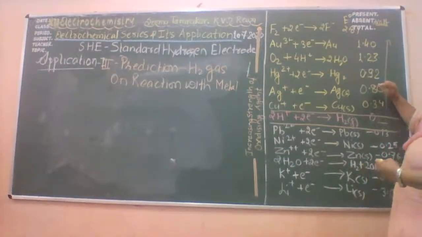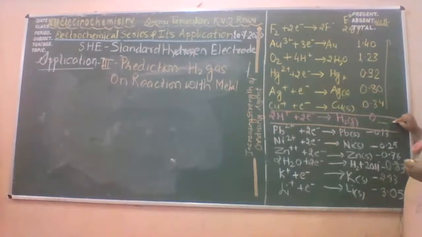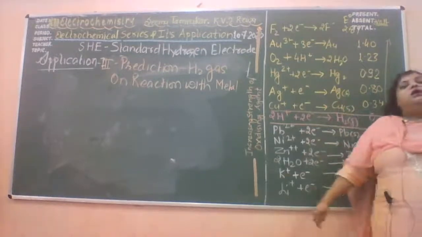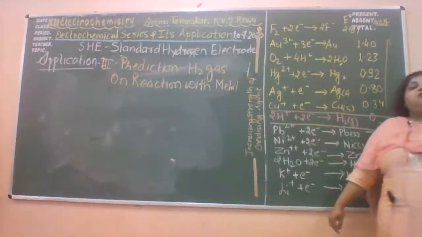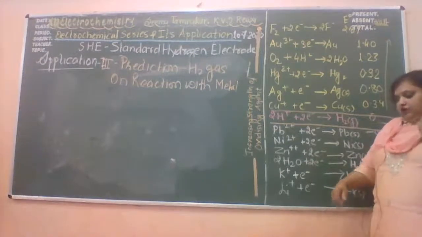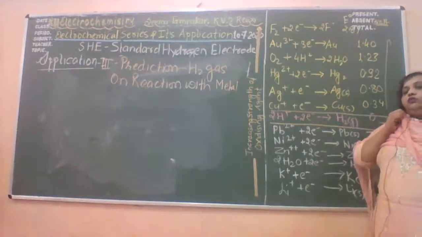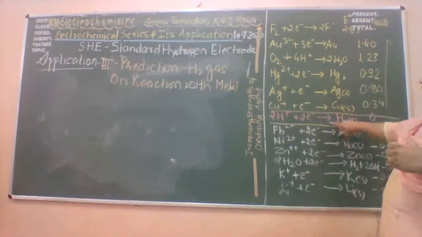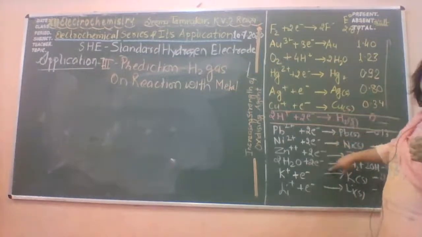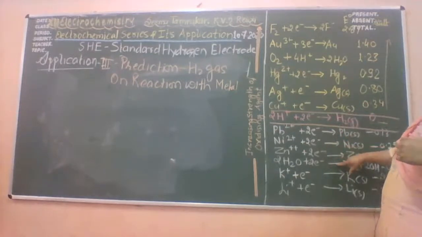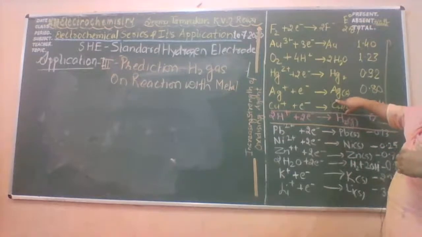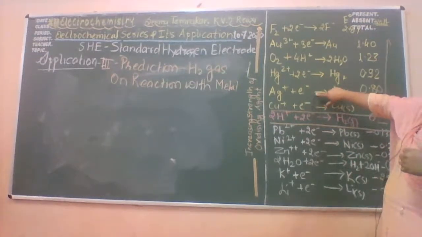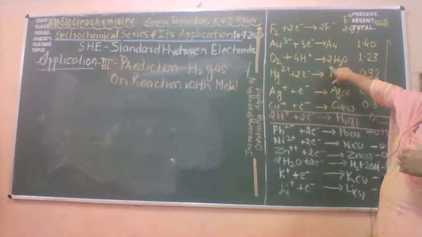All the elements which are located above the hydrogen, they will not evolve hydrogen gas, but the elements which are located below the hydrogen, they will definitely evolve the hydrogen gas. You can see here the copper, silver, gold, mercury.